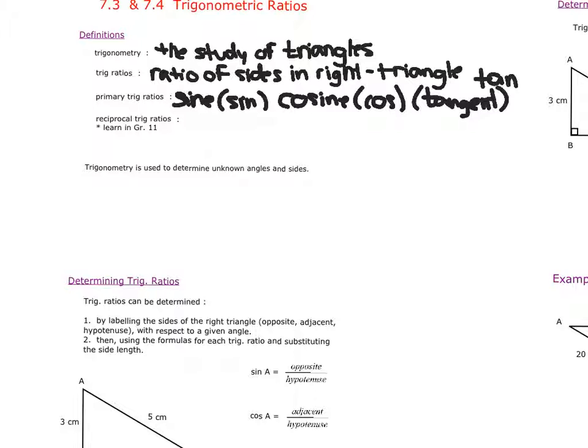Then we have what we call reciprocal trig ratios, which is something you'll look at in grade 11. Good luck. They are not as fun. We call them cosecant. The other one is secant.